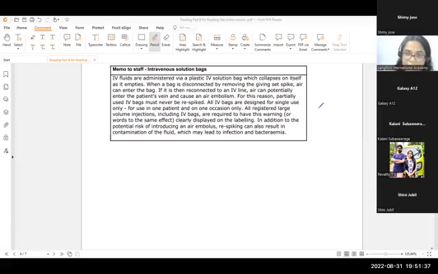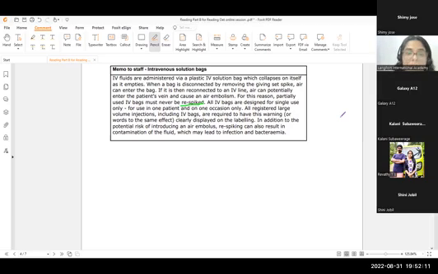Next one. For this reason, partially used IV bags must never be respiked. So because of this, you should never reuse or respike a bag that has already been used. Next sentence, Jasmine. All IV bags are designed for single use only, for use in one patient and on one occasion only.